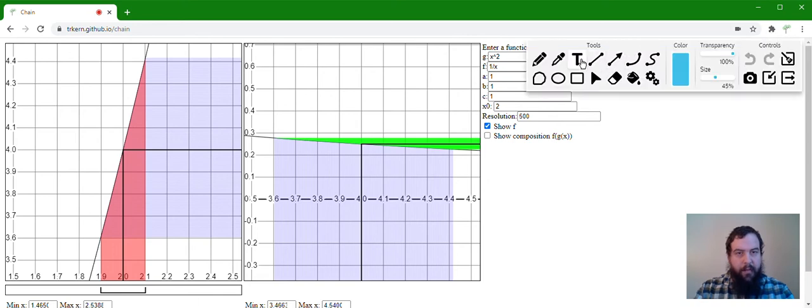So f prime of x is equal to negative x to the minus 2, or negative 1 over x squared. So the slope of this graph at this point is going to be negative 1 over 4 squared, so that's negative 1/16.